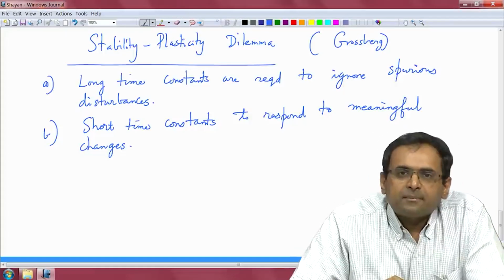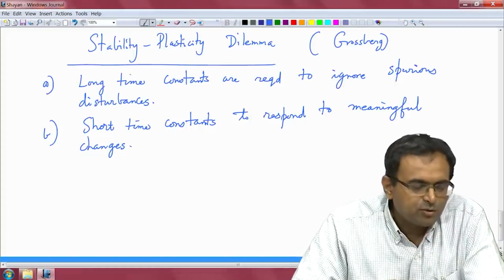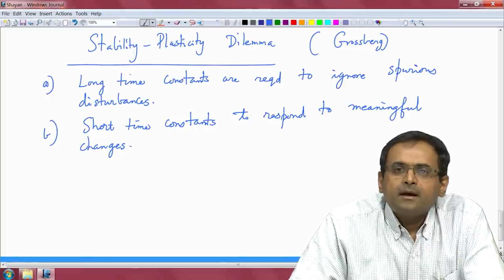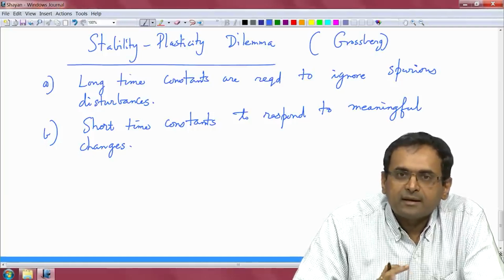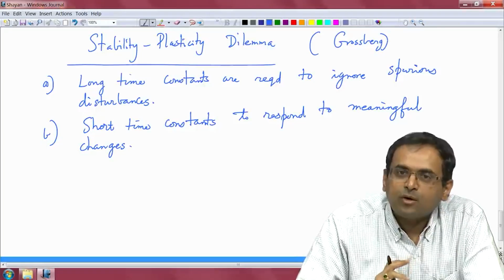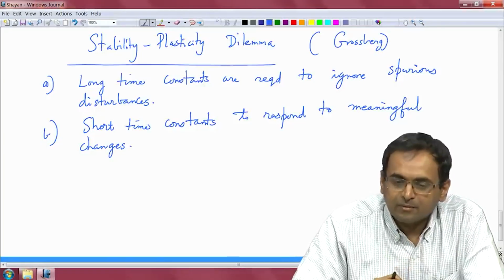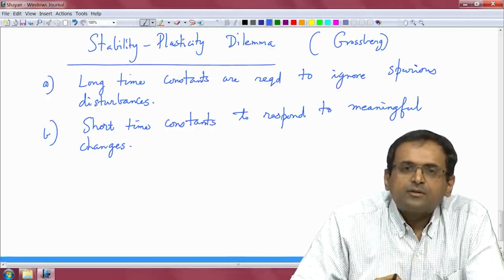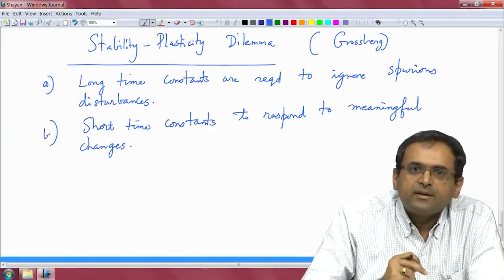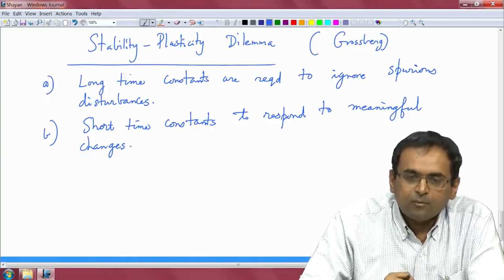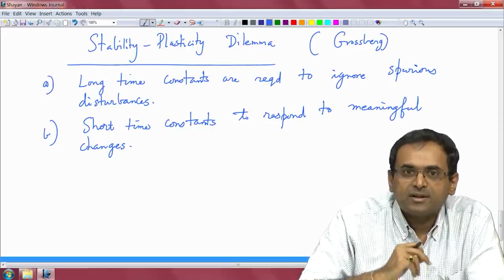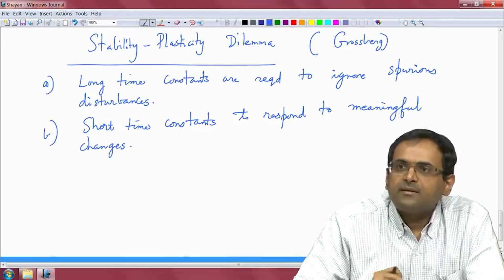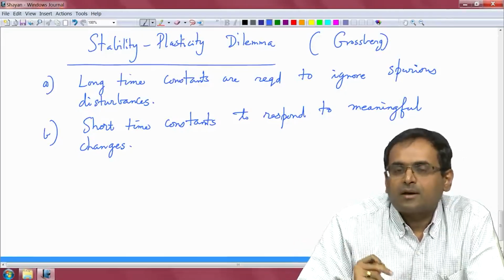A very good example is if you were to think about a learning machine, I mean a bot which is learning a classroom lecture. Let us say we want to endow it to learn a classroom lecture, right. So, the short time constant is basically connectivity of topics, right. I go from one topic to the other and I sense that change. I should be able to respond to that change quickly rather than worry about a clock ticking somewhere.